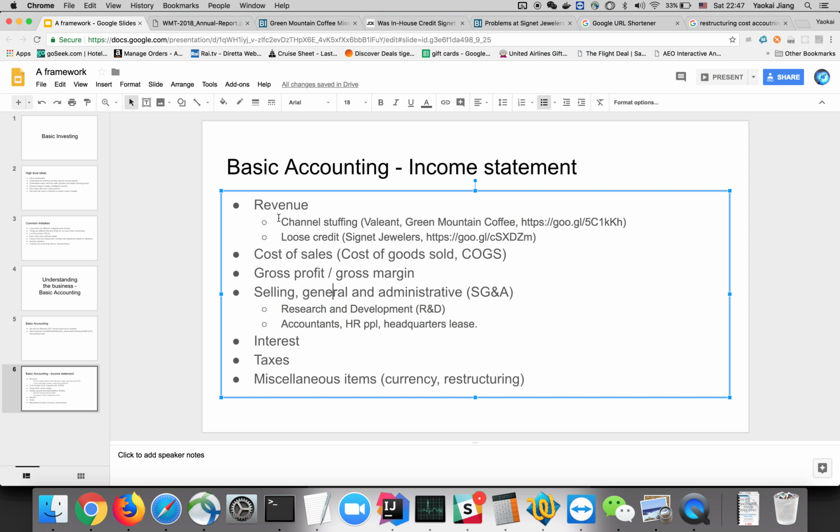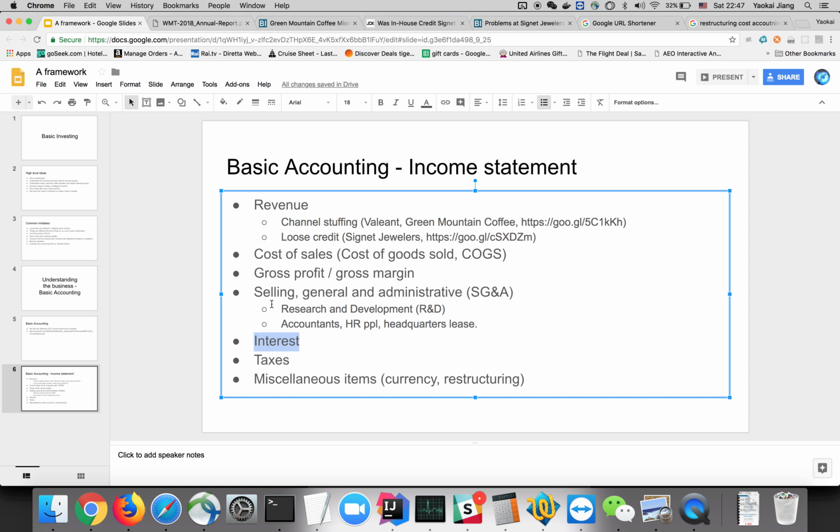And the other things are like salaries you pay to accountants, the salary you pay to human resources, your headquarters lease, and maybe a bunch of other things, and advertising, for example. Well, actually, no. Advertising typically just goes into selling, right? So that's that.